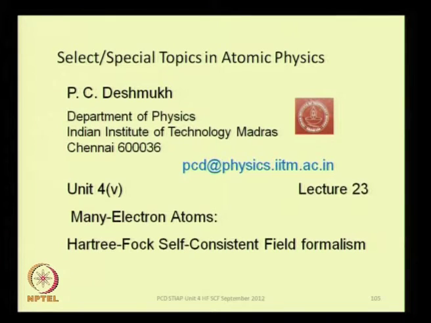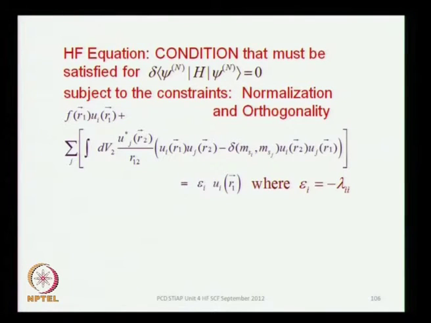Essentially, what we have learned so far is that we recognized that the Hartree-Fock equation is in fact a condition which must be satisfied. It is a necessary and sufficient condition for us to reach our goal, and our goal is to get self-consistent field solutions to the n electron problem.